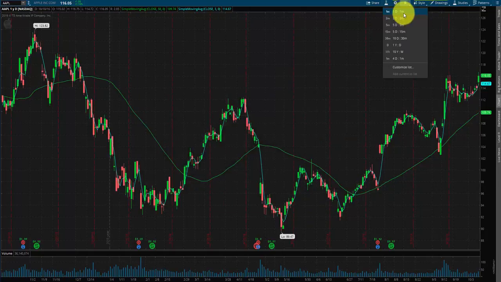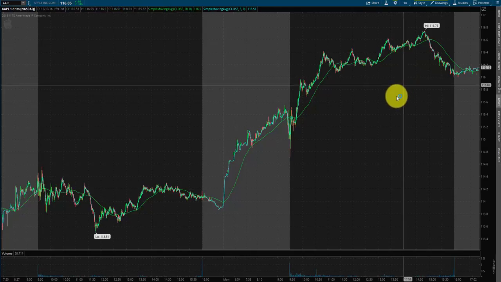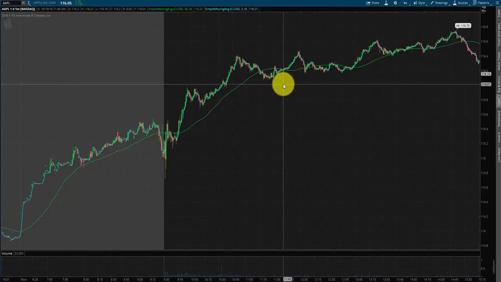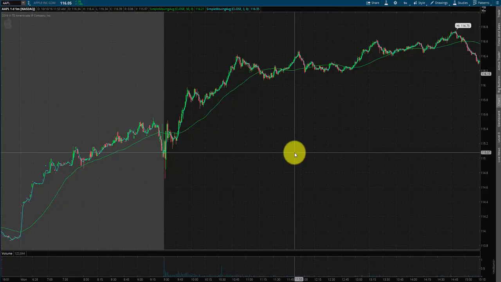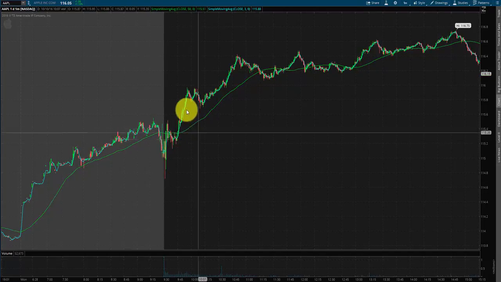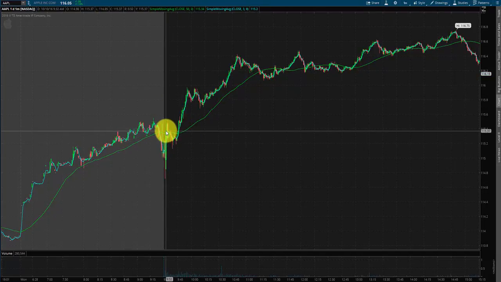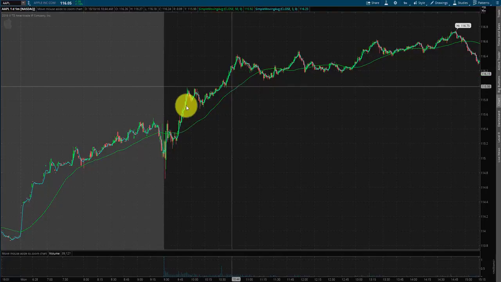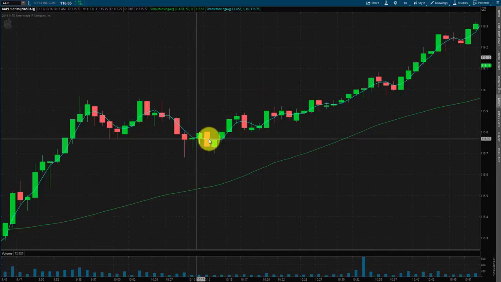Let's put this on the 1 day, 1 minute time frame. Before, we were looking at the daily chart, where each moving average takes the averages of the closing prices for the day, whereas this is now the closing prices for each minute, so every single candle. As you can see, the 3 has a very quick response time.